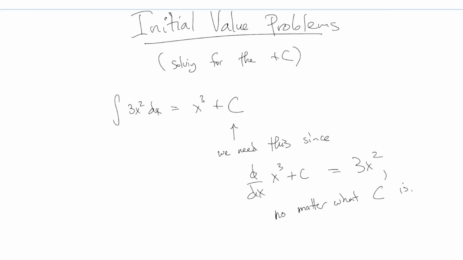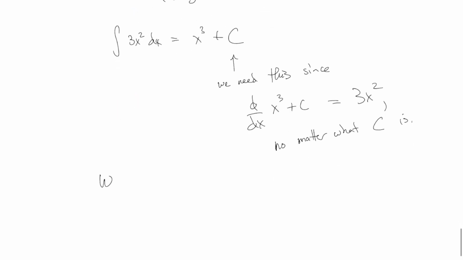I said initial value problems is all about solving for the c, like actually figuring out what the c is. But in a problem like this, there is no specific value for c. It can be any constant. Without more information, we can't know what number the c is.